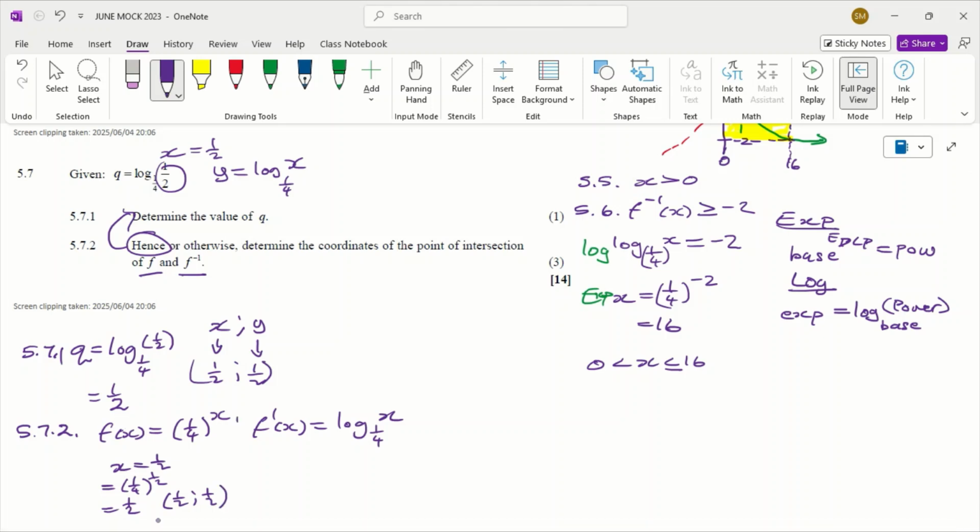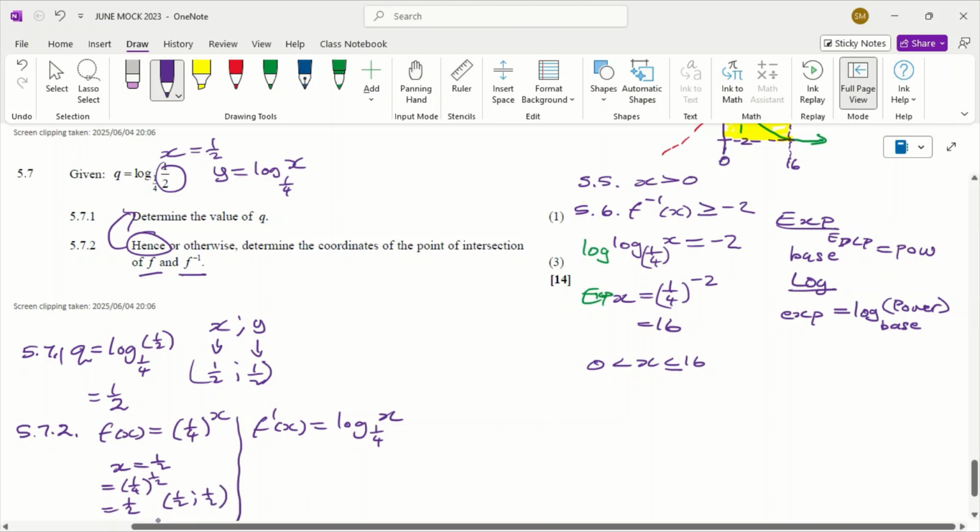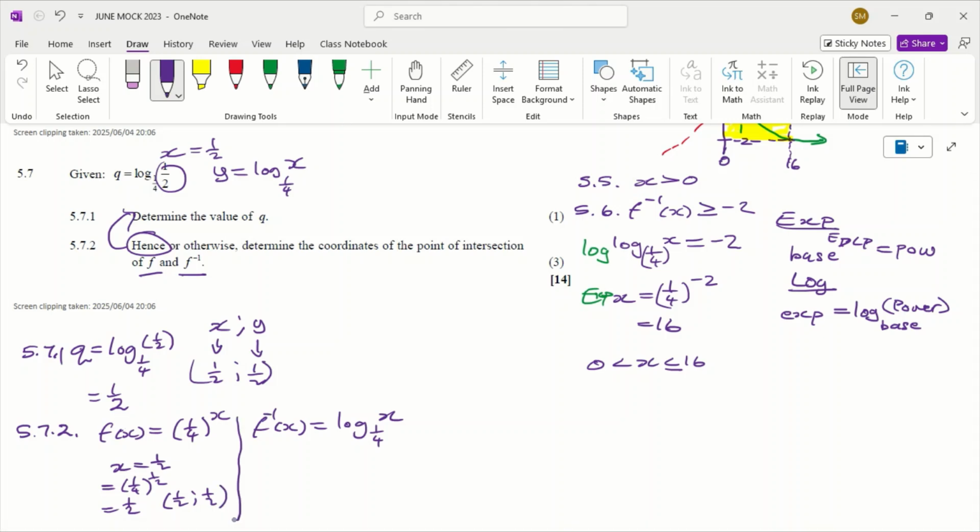Both functions have an x value of 1 over 2 and a y value of 1 over 2 at f, and an x value of 1 over 2 and a y value of 1 over 2 at the inverse of f. So these two functions intersect at x is 1 over 2 and y is 1 over 2. So that was very simple.